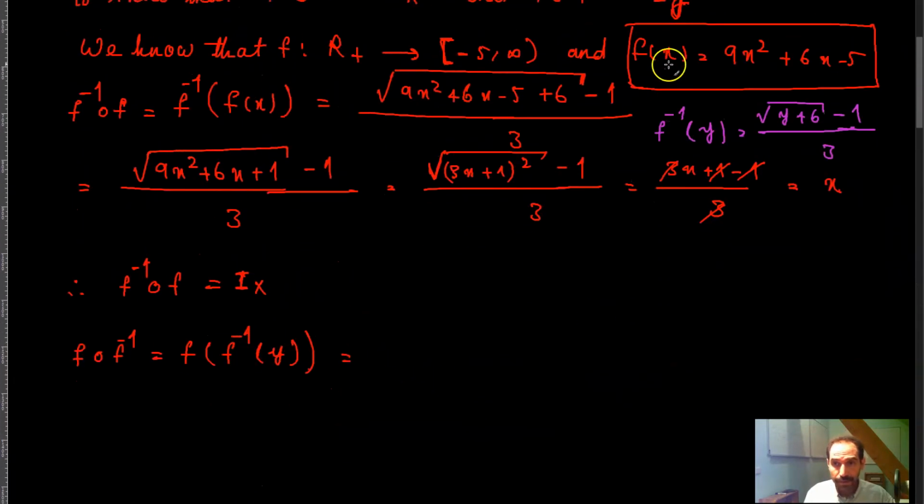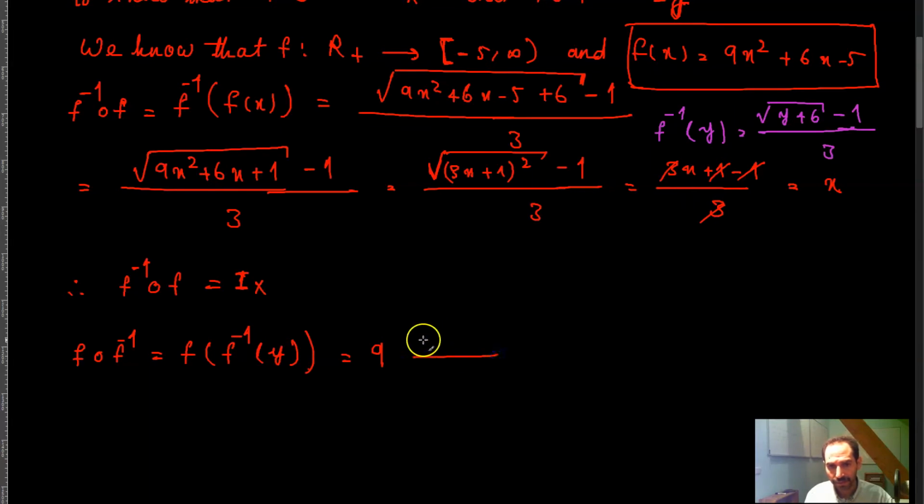So that means that I can write this as 9 times x squared, which is f inverse of y squared. Now f inverse of y is this function.